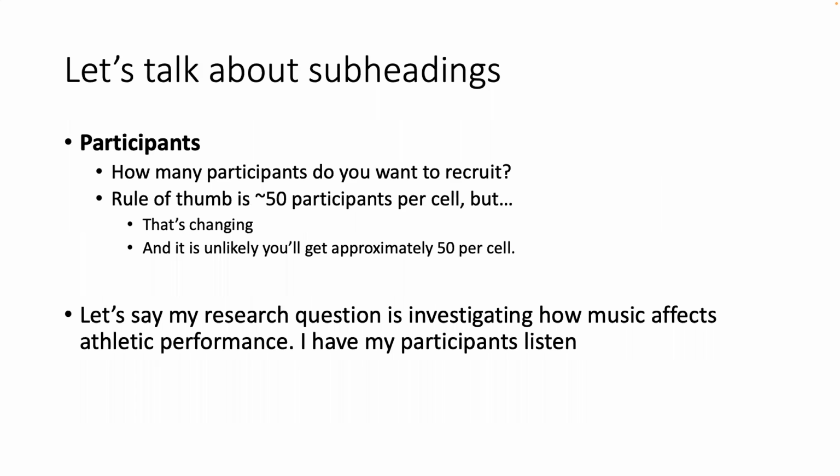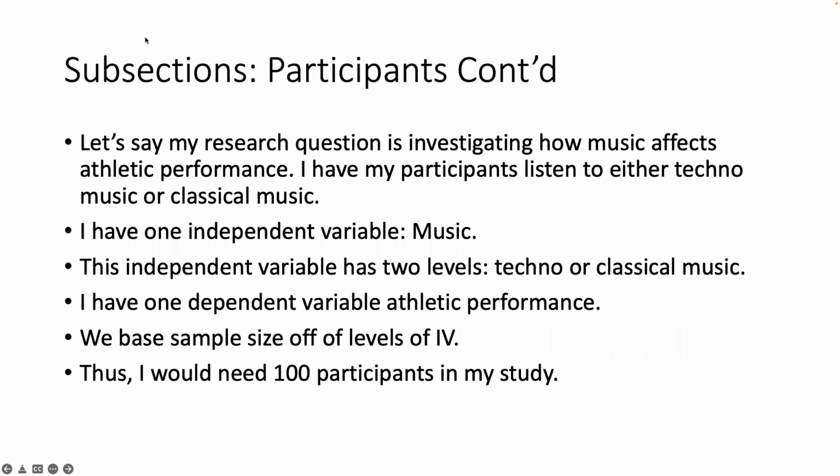In your participant section, I want to know how many participants did you recruit? The rule of thumb is about 50 participants per cell, but that's changing. And because you will hypothetically be recruiting, it will be pretty difficult to get approximately 50 participants per cell. So for this project, let's say my research question is investigating how music affects athletic performance, and I have my participants listen to either techno music or classical music.